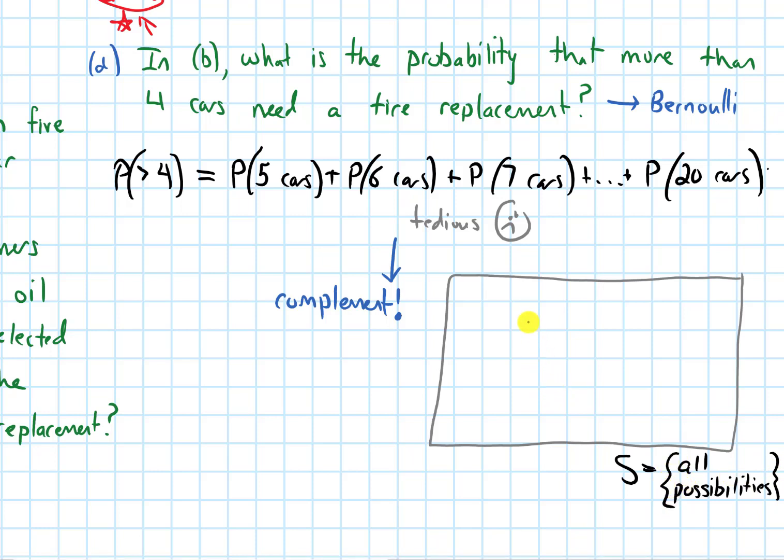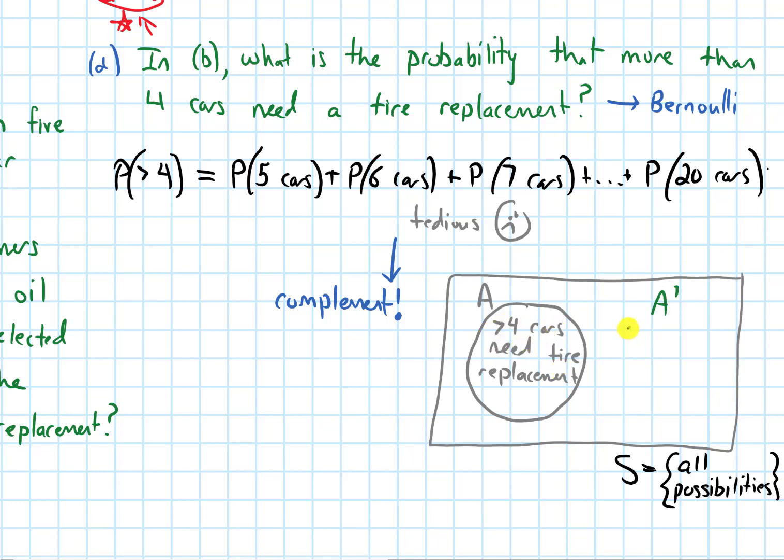And within that, I'm going to have my set A that we care about. And in this question, we want greater than 4 cars to need a tire replacement. Okay, so then I can form the complement. What's the complement of greater than 4 cars needing one?